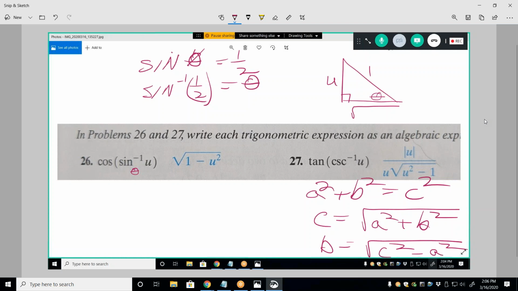Okay. And so these 2 are very, very useful to go directly to. In this particular problem, we're solving for the short side, right? Yes. So what is it? It's the square root of? Square root of 1 squared, or 1 minus u squared.